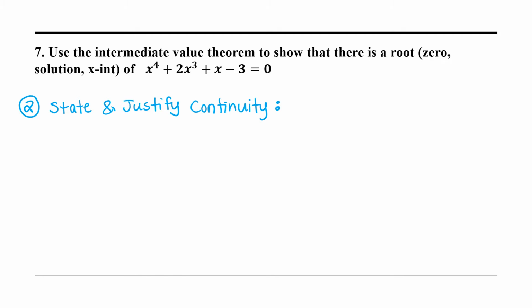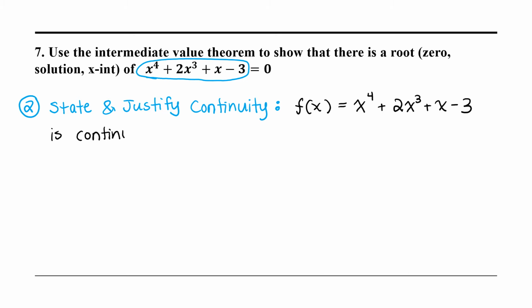If we look at this problem, we're not given an interval, but luckily, if we set this to be our function, f of x is equal to x to the fourth power plus 2x cubed plus x minus 3, it is continuous on negative infinity to infinity, which you could also say is all real numbers, because it is a polynomial.